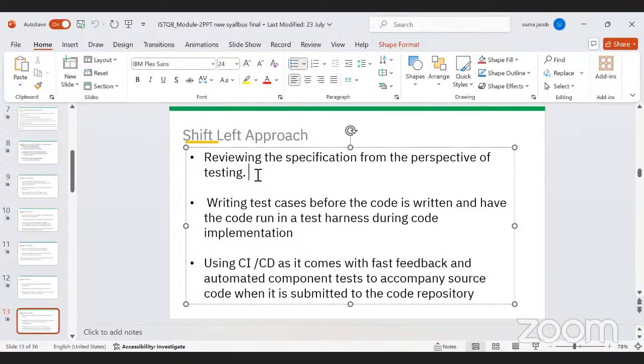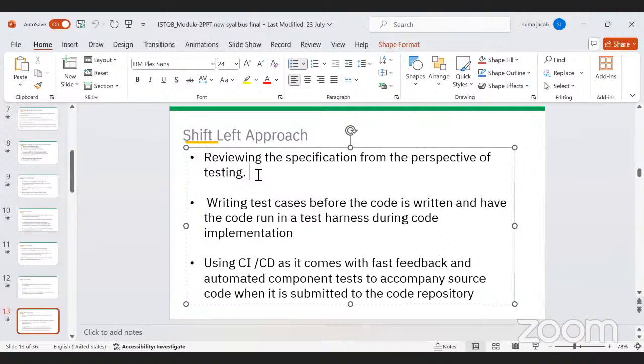And next is writing test cases before the code is written and having the code run in a test harness during code implementation. That is something we have been discussing. In the general process, the unit test cases would be written only after the code is written.